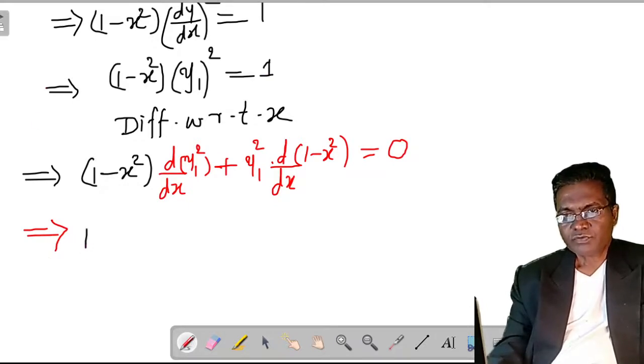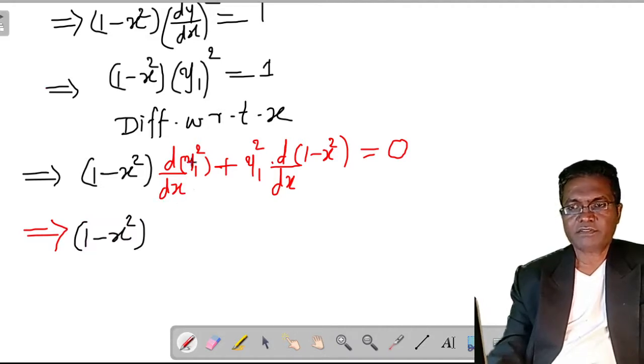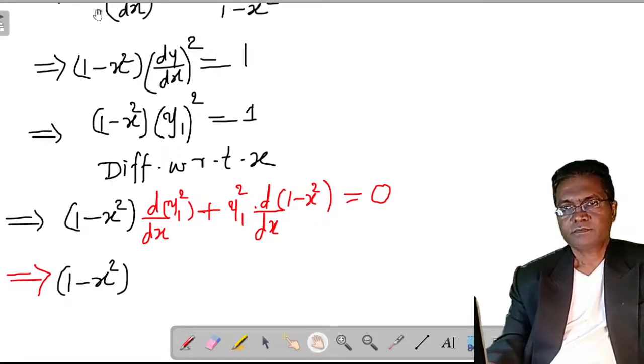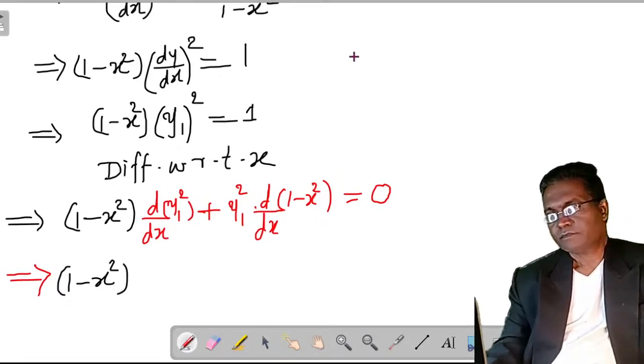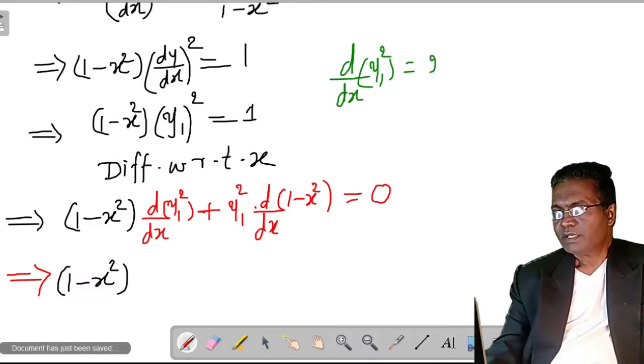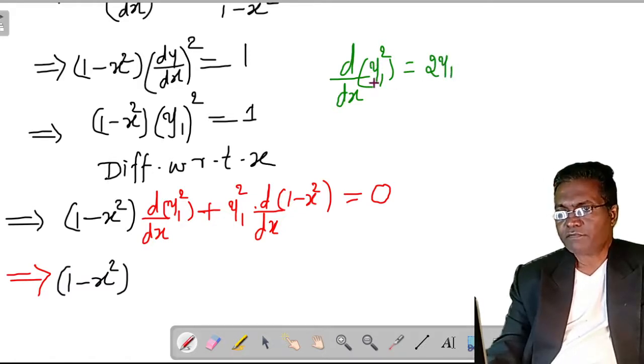Now 1 minus x square, here you need to take care of this. Please note down this. d by dx of y1 square: like how derivative of x square is 2x, derivative of y1 square is 2y1, and you need to differentiate this base function, that is derivative of y1. So d by dx of y1 gives you y2.